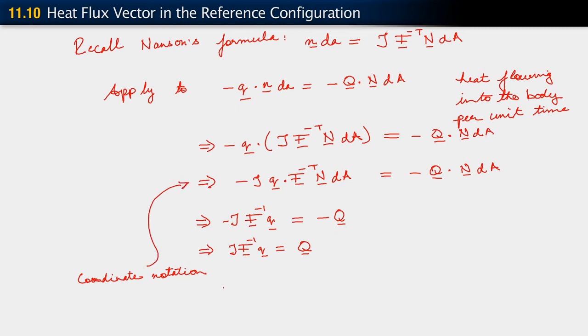Okay, so we have minus J, J being a scalar. Okay, q, now q lives in the current configuration, so let's give it index lowercase i. All right, now this is acting on F inverse transpose. Okay, now F inverse transpose has indices little i, capital I. Okay, and N has index capital I, and then we have dA.